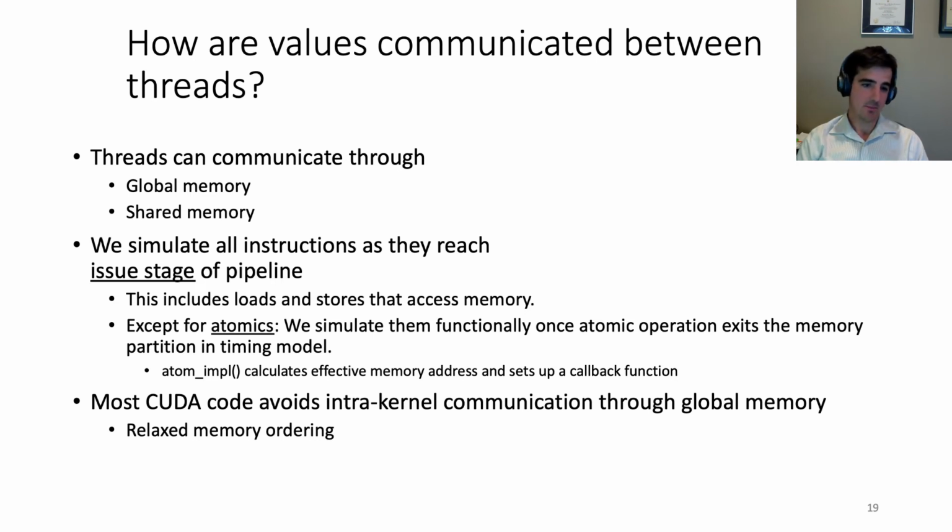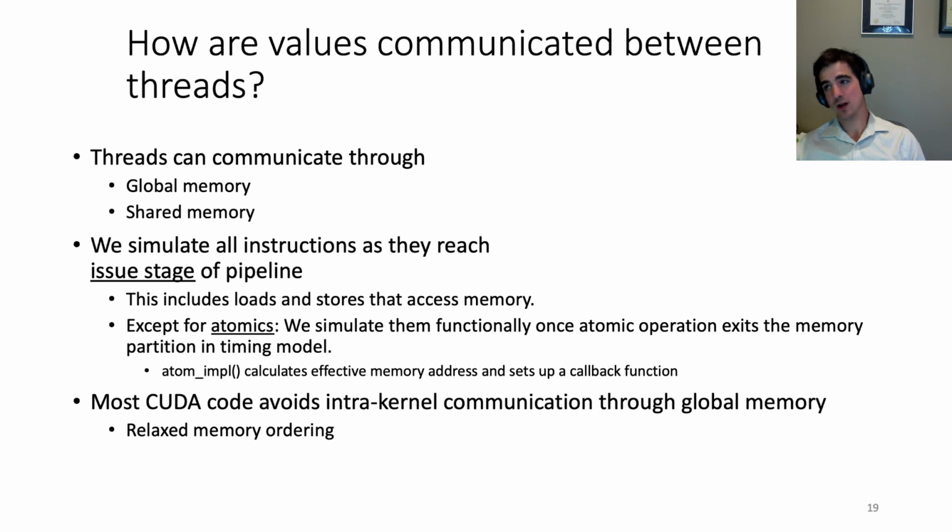That means that unless you're using special instructions that do guarantee some type of memory ordering, which most programs don't do, then you have no guarantees on being able to see updated values in global memory, which is why most programs just avoid it. If they have to share values between threads, they will usually just do this between kernels.